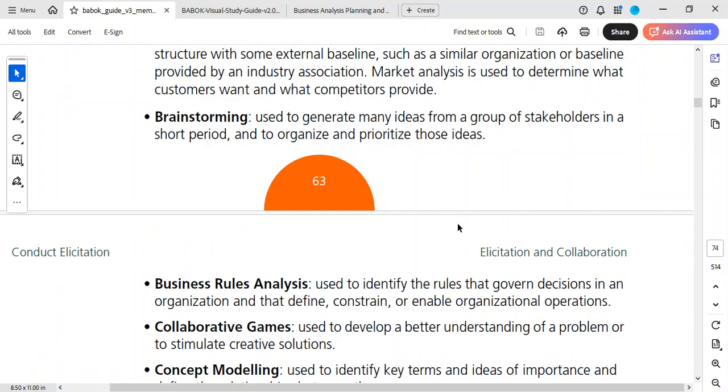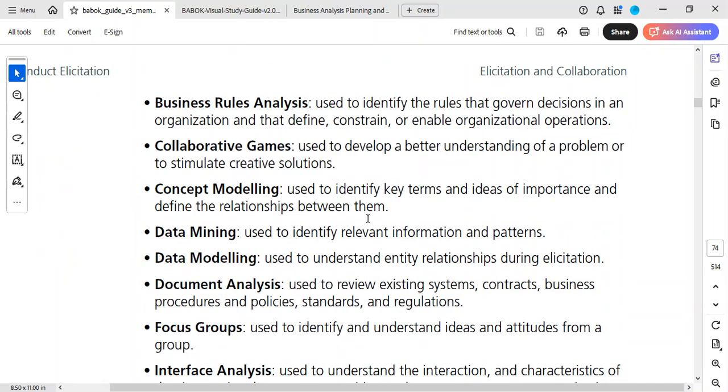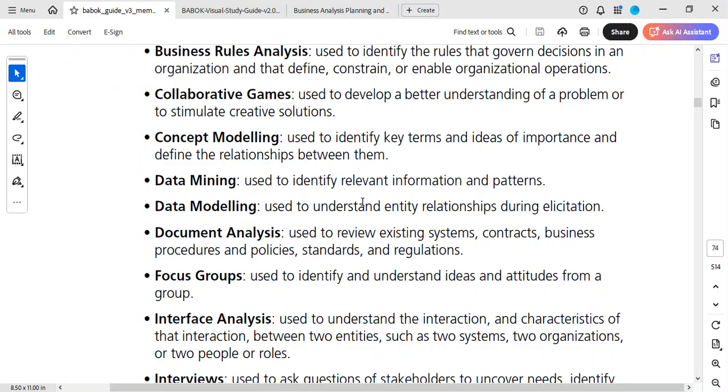provide that. Brainstorming, used to generate many ideas from a group of stakeholders in a short period and to organize and prioritize those ideas. Business rules analysis, used to identify the rules that govern decisions in an organization and that define, constrain, or enable organizational operations. Collaborative games, used to develop a better understanding of a problem or to stimulate creative solutions.